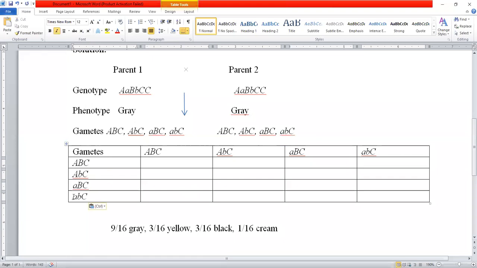So now we can make the combinations by taking the gamete from here, from one parent, and from here, from the second parent, and write the combination.